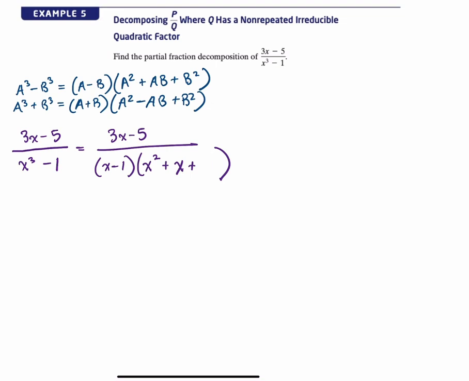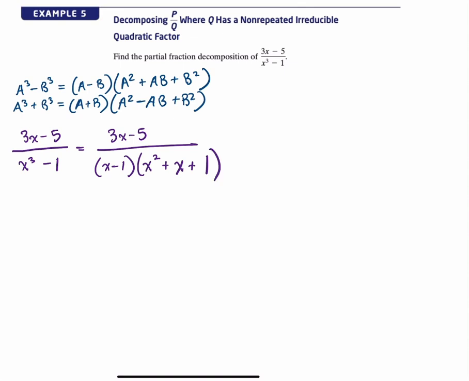And then 1 squared we can just write as plus 1. So I would still try to factor this second expression, x squared plus x plus 1. I would be looking for factors of positive 1 that add up to positive 1. In that case, there's no integers that we can choose that will make this true. So this is what they mean by irreducible. We can't reduce this into two separate linear factors. It contains a quadratic factor.